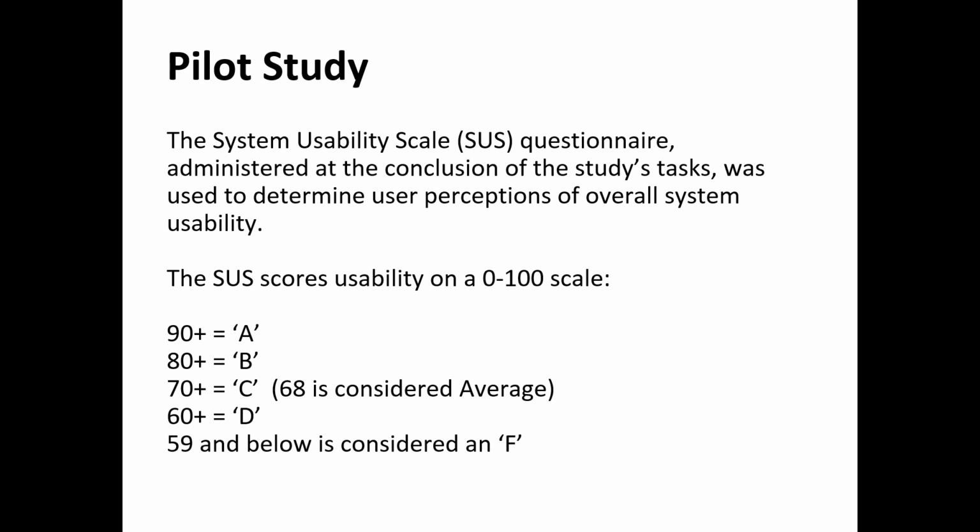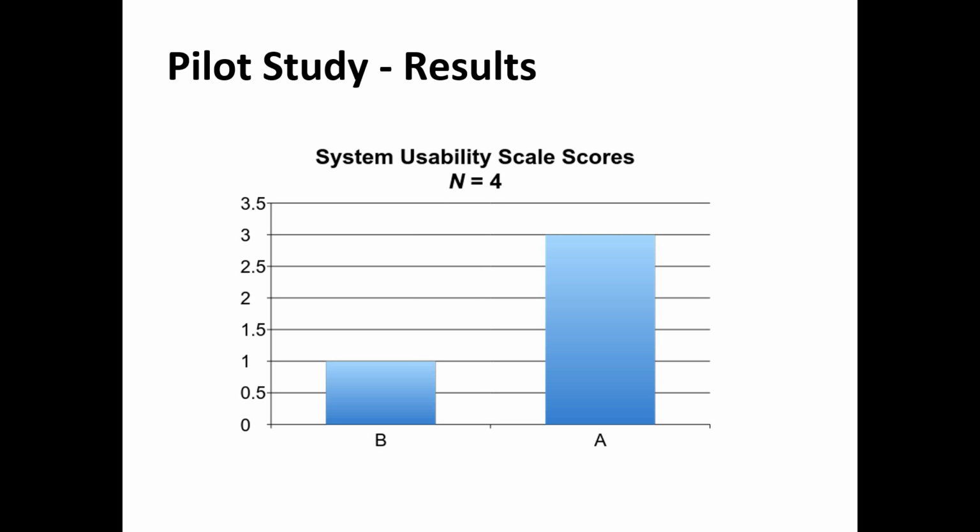The SUS scores usability on a 0 to 100 scale, 90 plus being an A, 80 plus being a B, 70 plus being a C, with 68 considered average, 60 plus being a D, and 59 and below considered an F. So in terms of our pilot study results, out of our 4 participants, 3 scored the application as being an A, or providing a score of 90 or above, and 1 participant scored the system as a B with a score of 80 to 89.